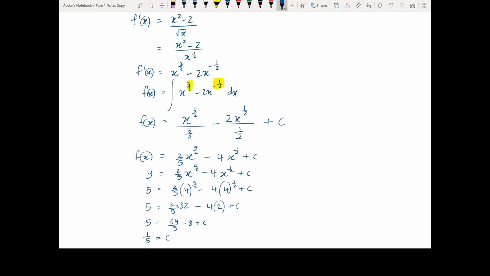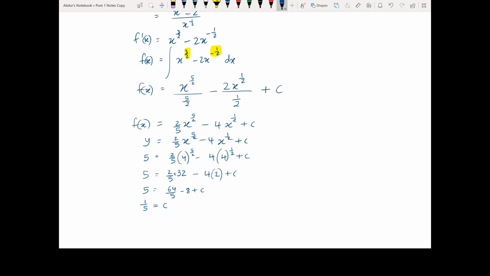So we found the constant of integration. Let's go and rewrite our f of x, what the equation is. f of x is equal to 2/5 x to the power of 5 over 2 minus 4 x to the power of a half, and the c value was plus 1/5.